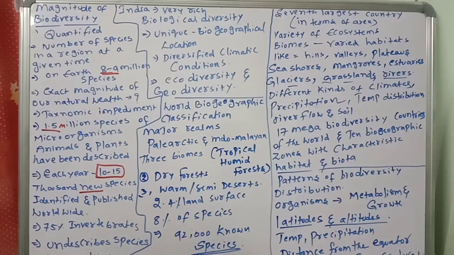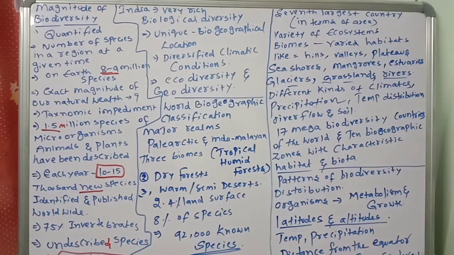Undescribed species, how many? Much higher. Undescribed species means those which are not described. Compared with the described, undescribed species are always much higher.